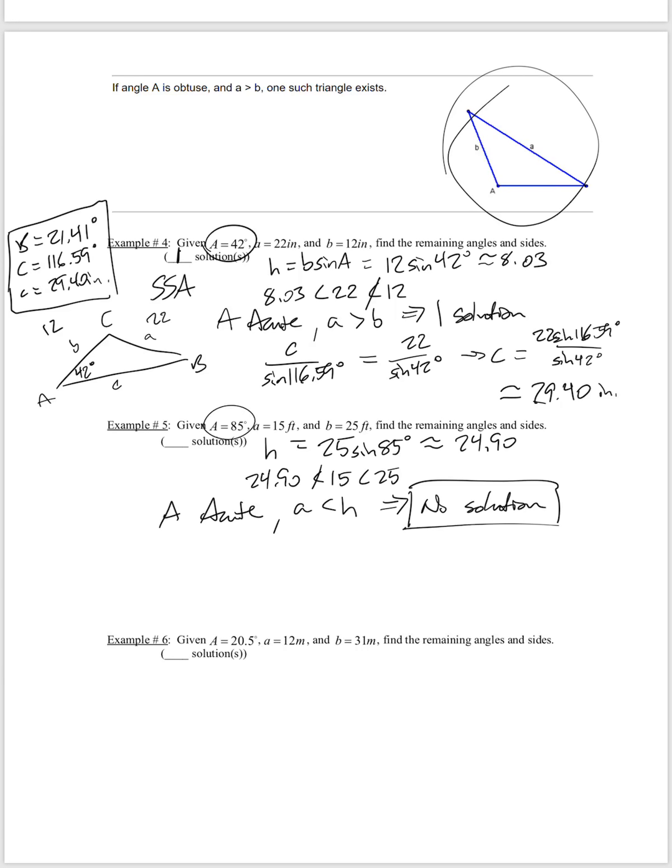Now, if you hadn't checked that, and you went and tried to finish solving this in your calculator, you did, all right, A over the sine of A equals B over the sine of B, and then you tried to solve for B, then the sine of B equals 25 times the sine of 85 degrees, all over 15.